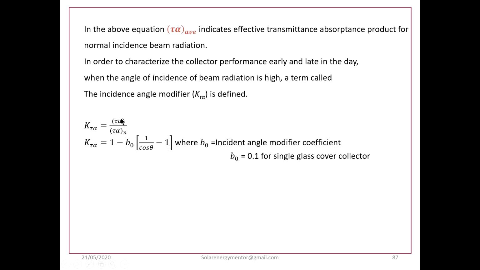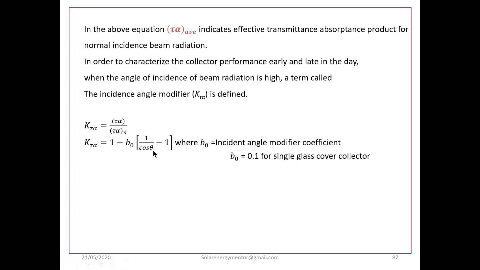Now how to evaluate the value of the incidence angle modifier? For this, the expression used is 1 minus b0 into bracket 1 by cos theta minus 1. Now b0 is the incident angle modifier coefficient. For a single glass cover collector, b0 is equal to 0.1. For the sake of illustration, suppose theta is 60 degrees.